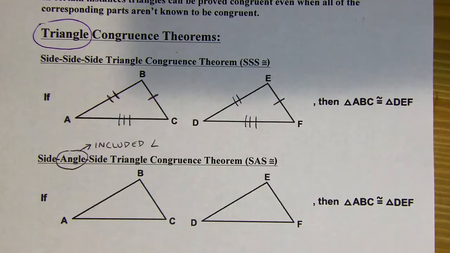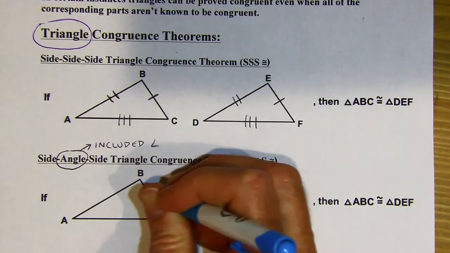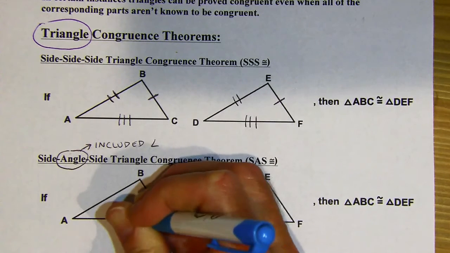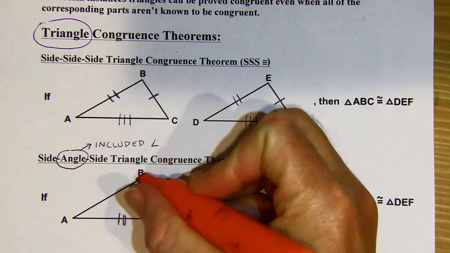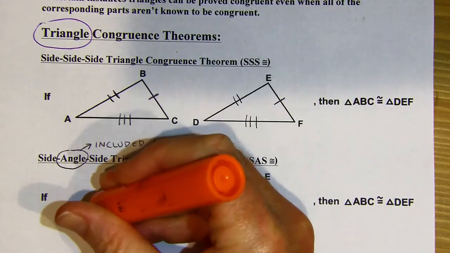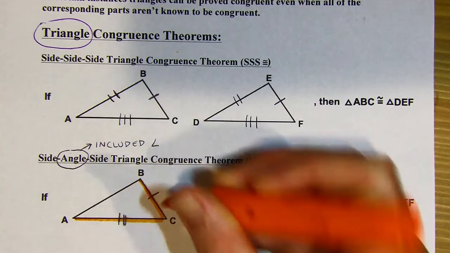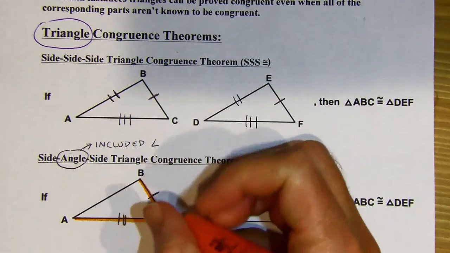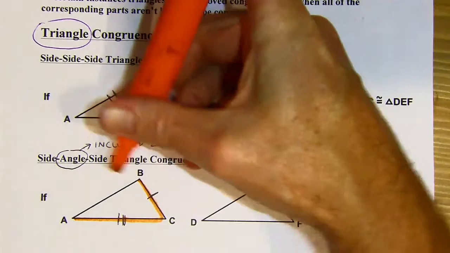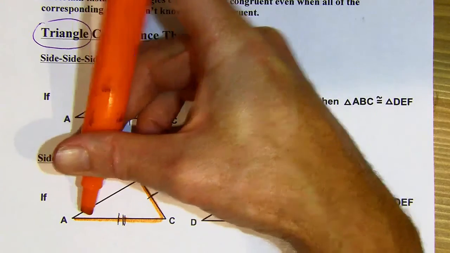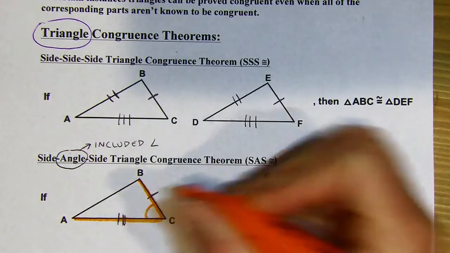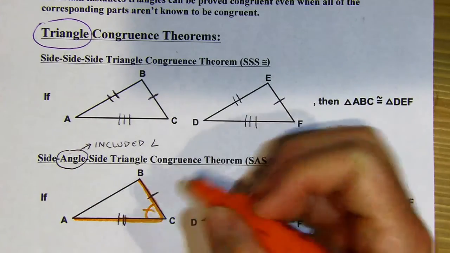So that means if I mark any two sides here, it doesn't matter which two you mark, but the included angle is the one that's going to be in between those two particular line segments. So the angle that these two orange line segments form. So the included angle would have to be right here, right? This would be a non-included angle. It's not between the two sides that are marked. That's non-included. But this one is included between the two marked sides, okay?